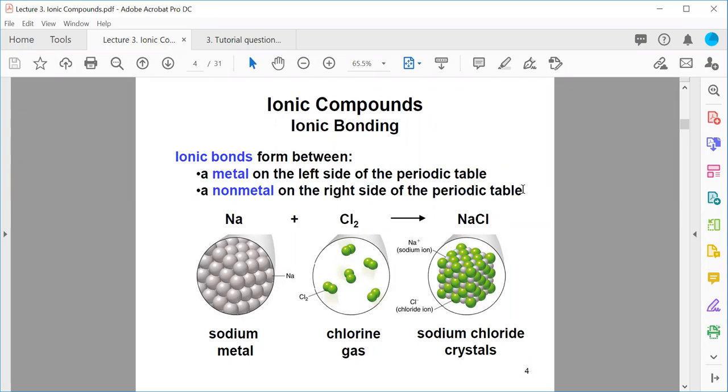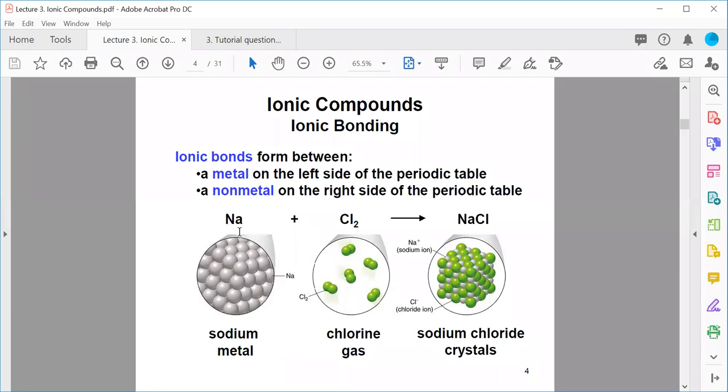All right, let's have a look at a great example of an ionic compound, which is here. This is sodium chloride, which you might know by now is just our common table salt. So one sodium and one chlorine, which is referred to as chloride, and you'll see why that's the case later on.